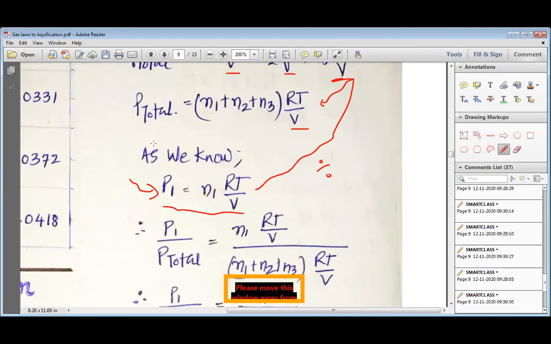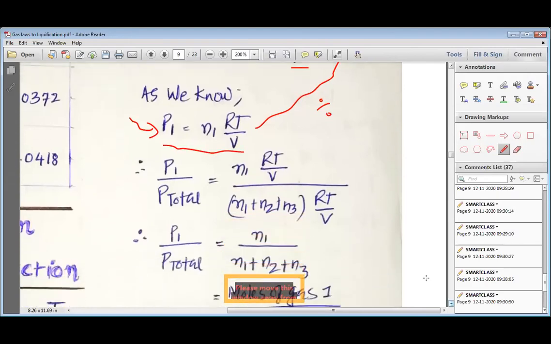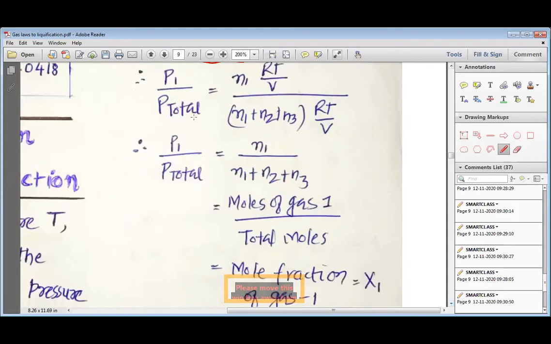That means P1 divided by P total is equal to N1 RT by V divided by N1 plus N2 plus N3 into RT by V. This RT by V is common in both denominator and numerator, so we can remove it. And finally, we can write P1 divided by P total is equal to N1 divided by N1 plus N2 plus N3.